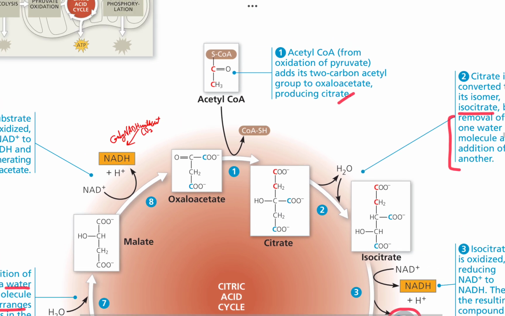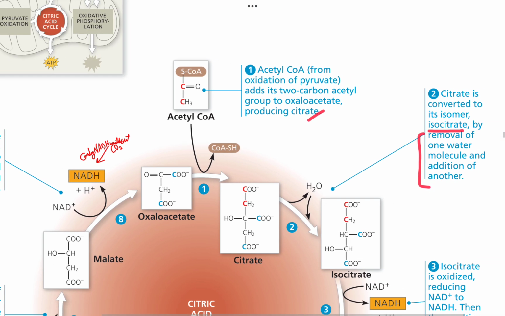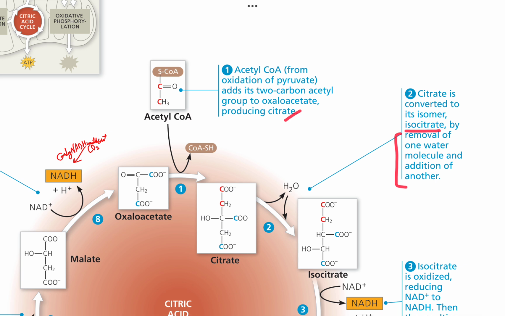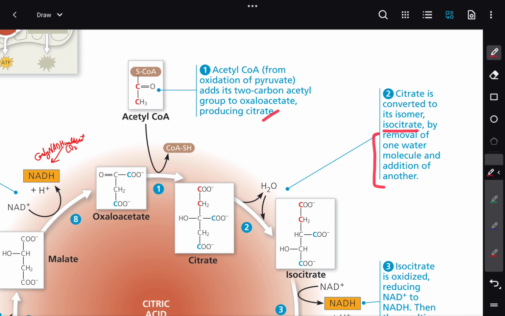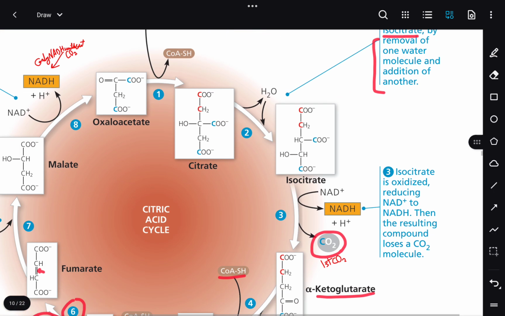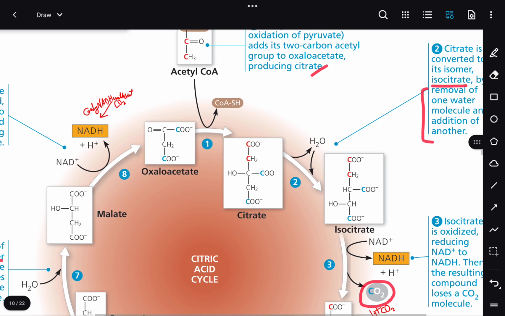Looking at the cycle, at the beginning, we have the acetyl coenzyme A made from oxidized pyruvate that will provide us with the acetyl, and coenzyme A that comes from a derivative of vitamin B. The first 2 steps are just making citrate.